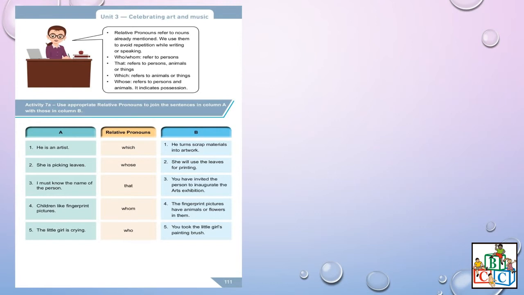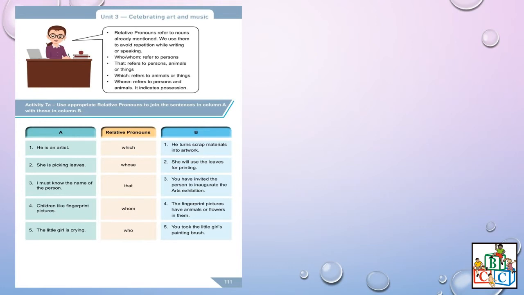You have all the relative pronouns which, whose, that, whom, who, and then you have sentences from column B. Let us take number 1, he is an artist. He turns scrap materials into artwork.